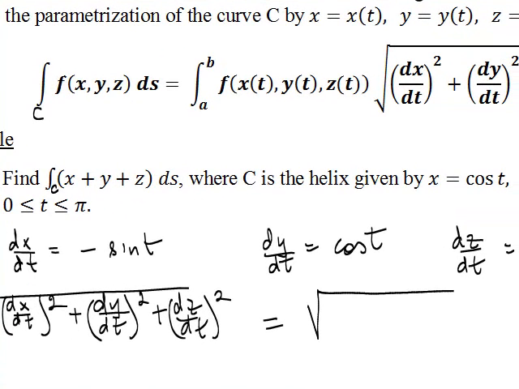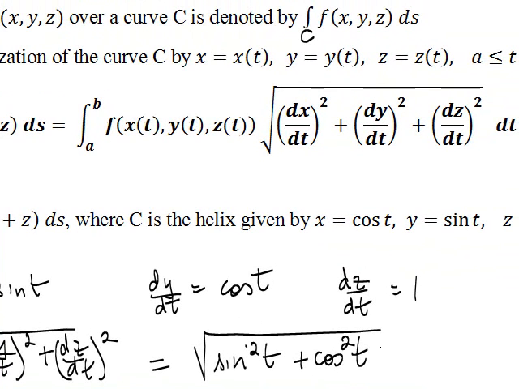So this is the square root of sine squared t plus cosine squared t plus 1, which is just square root of 2. Any questions so far?